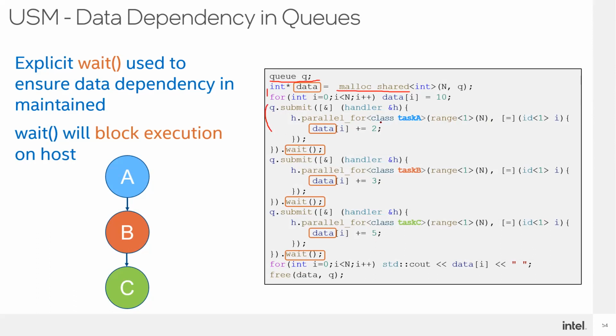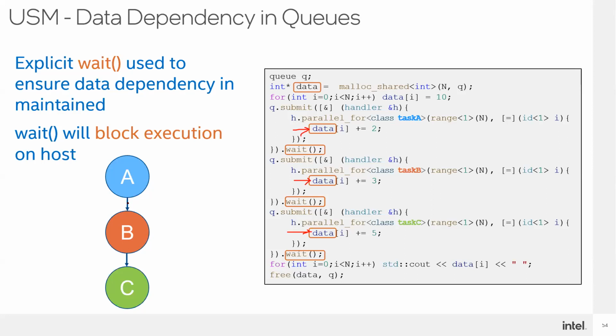I intentionally named it task A. So this is this kernel. Then we have one more queue submit and one more. And you can see that inside we are writing to the same data, which is actually a possible issue, some kind of data race.